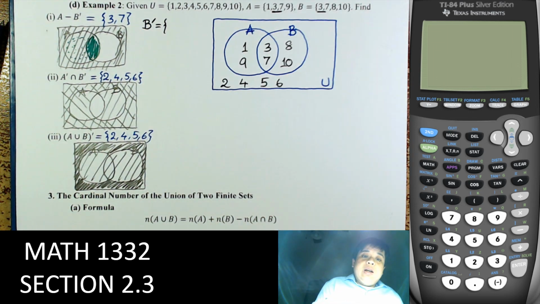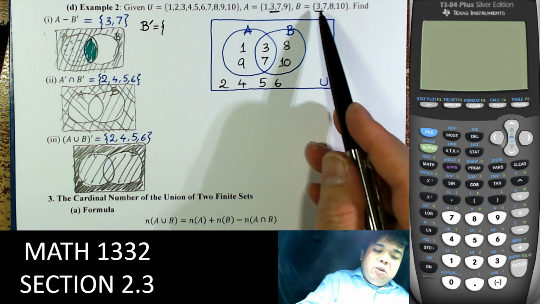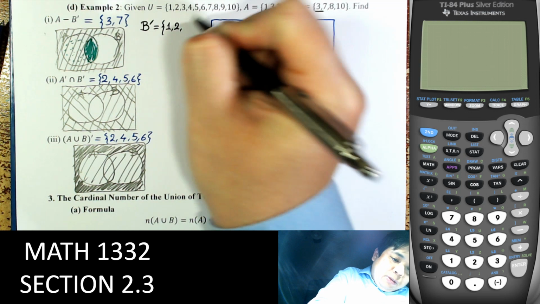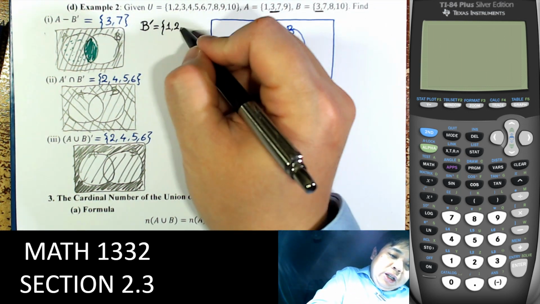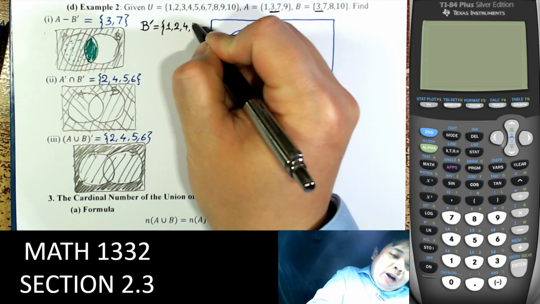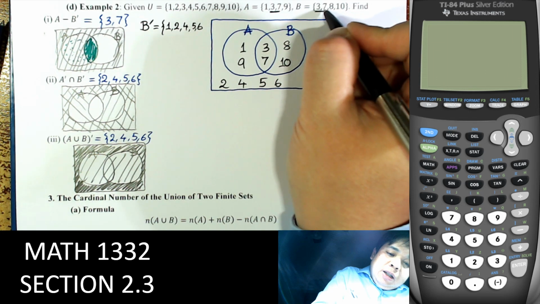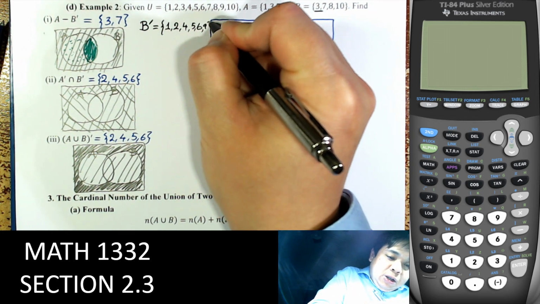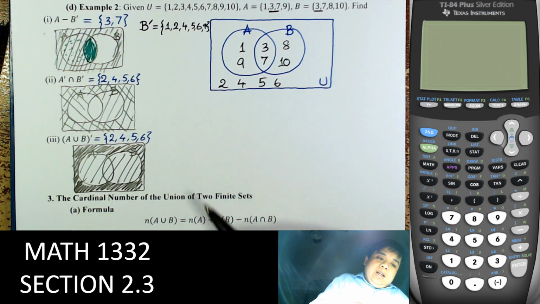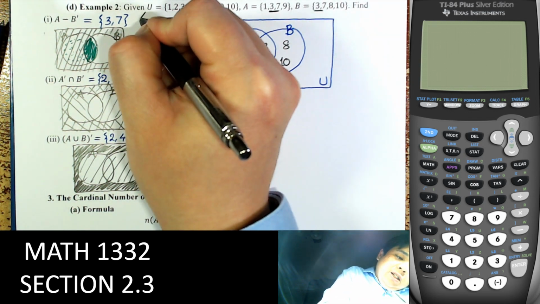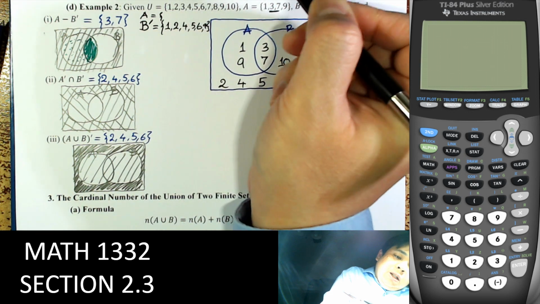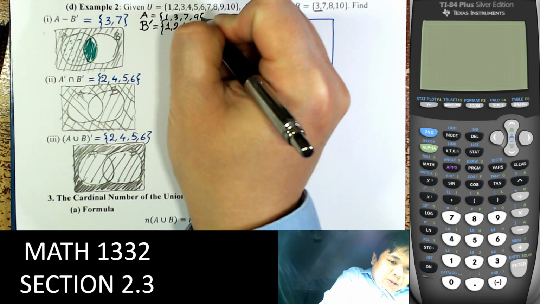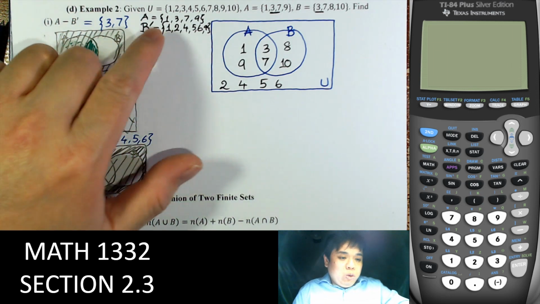B complement is not in B, so it will be 1, 2, 3, 4, 5, 6, 7, 9. So this is not in B. And then we have A, which is 1, 3, 7, 9.